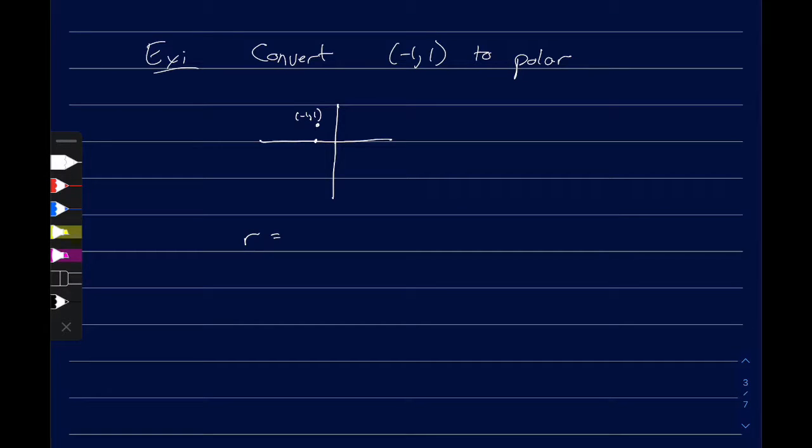So let's first find r. r is going to be the square root of x squared plus y squared, so negative 1 squared plus 1 squared, which is equal to the square root of 2. So that's our r, and let's go ahead and highlight that. Now we need to find theta.